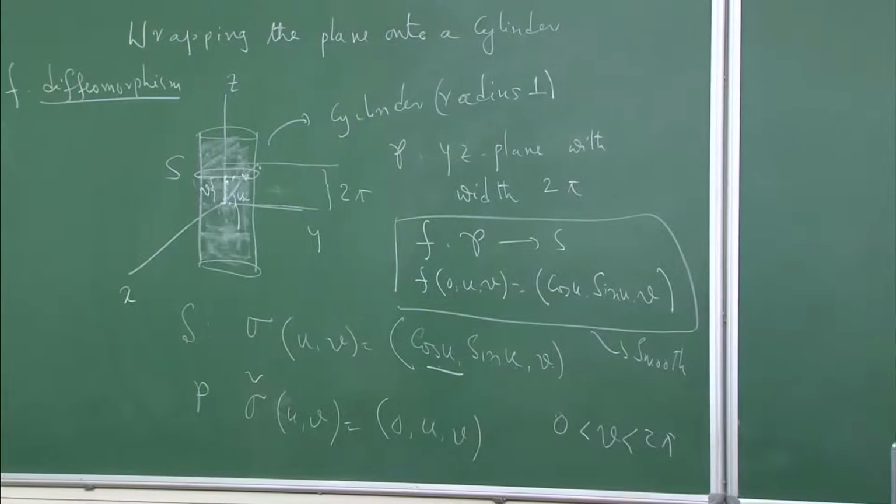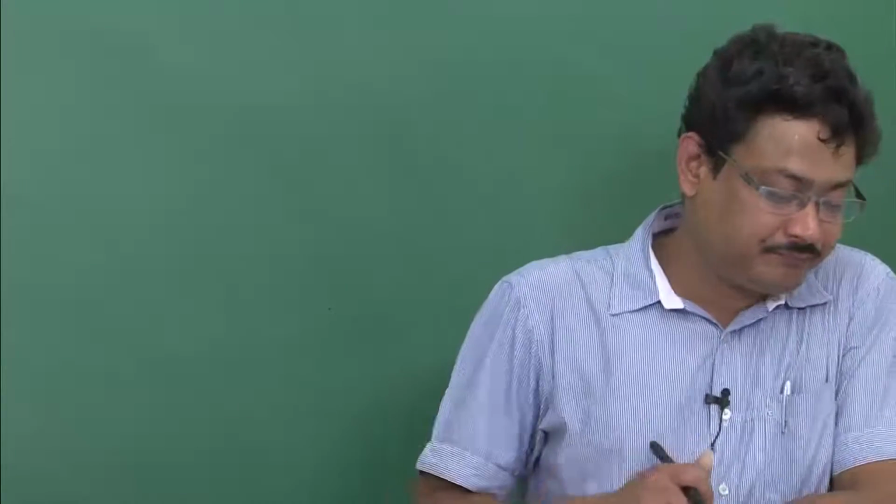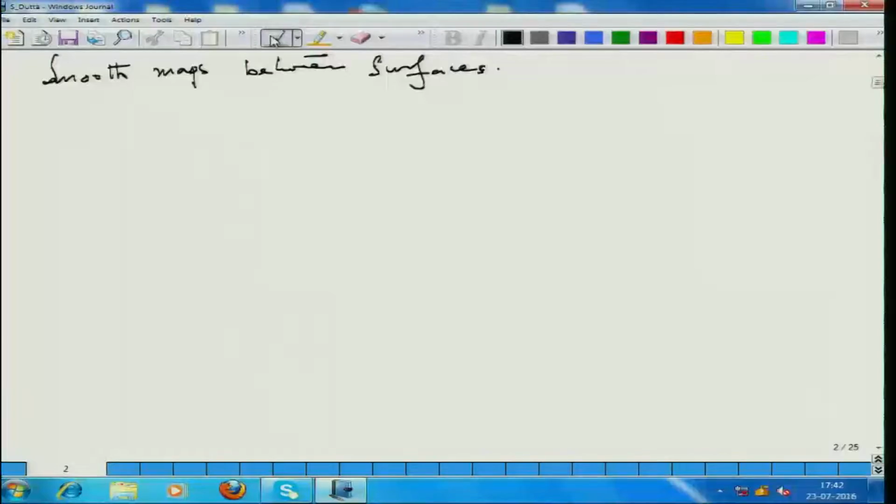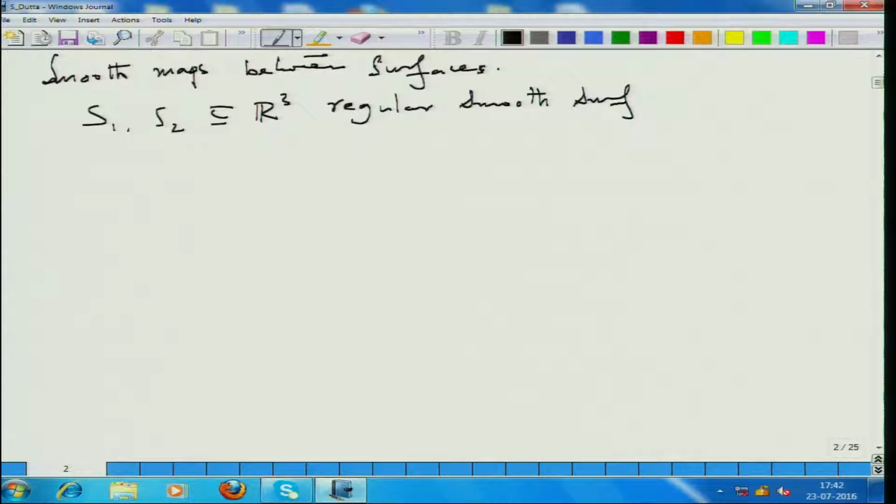So, in general, while defining, let us make things a little formal. Suppose I have surfaces S1 and S2, regular smooth surfaces, so I have a map F from S1 to S2.